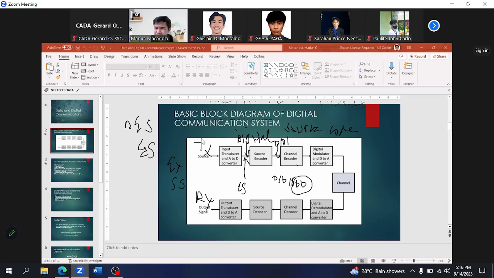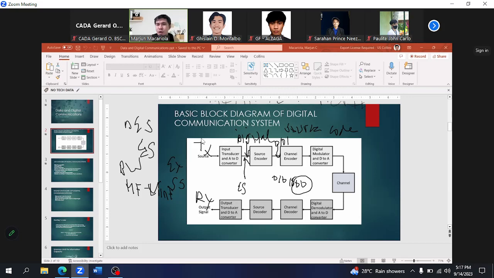So, anong ibig sabihin ng bandwidth? Okay? So, last time, I already discussed what bandwidth is. Basically, bandwidth is the difference between the maximum frequency and the minimum frequency. So, yan yung bandwidth in digital communication. Okay?